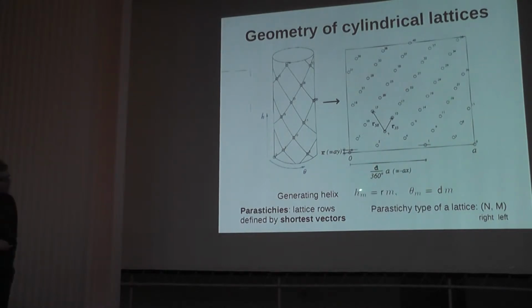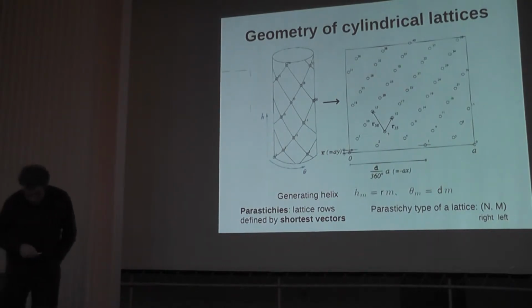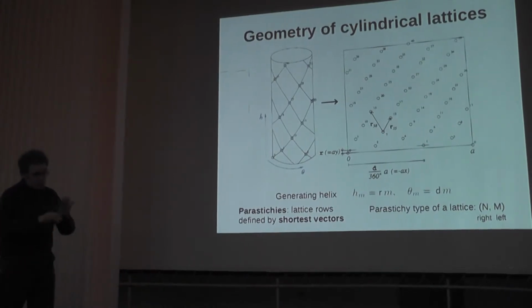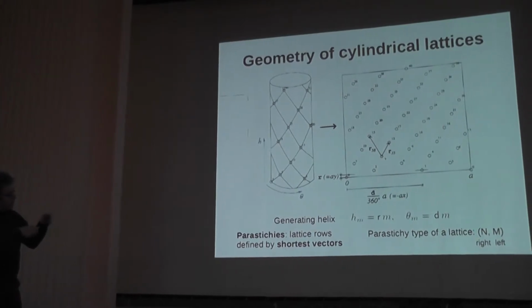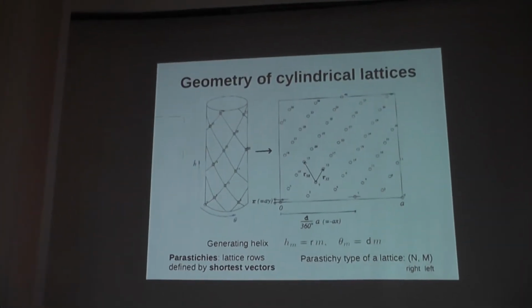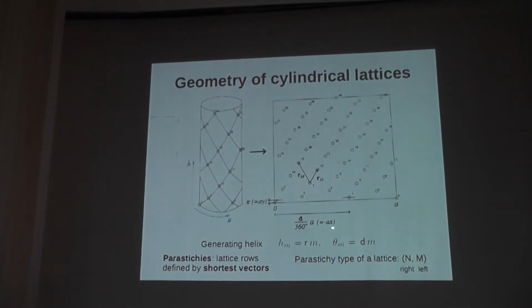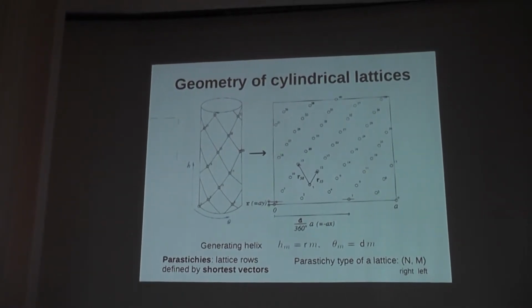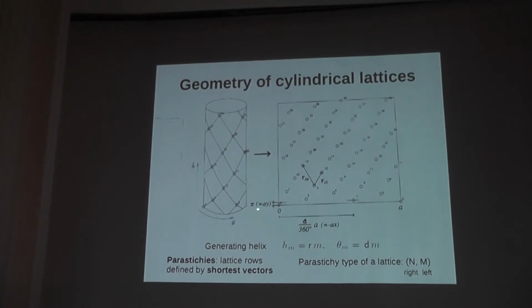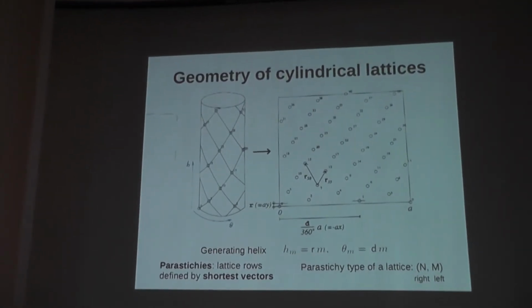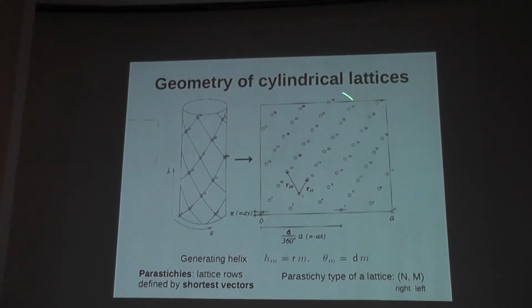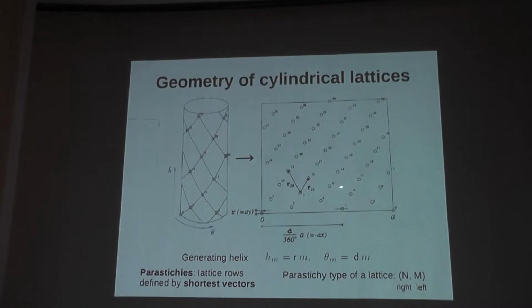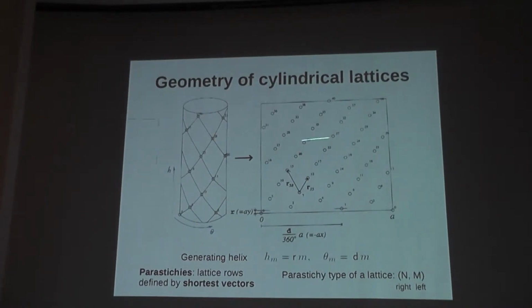So I can parameterize all lattices on the cylinder by two numbers, which can be combined into a vector, and then my phase space will be a point on the plane with Cartesian coordinates r and z or something like that. That's the phase space I will be working in. For each lattice, I can draw lines that are unwrapped from spirals.